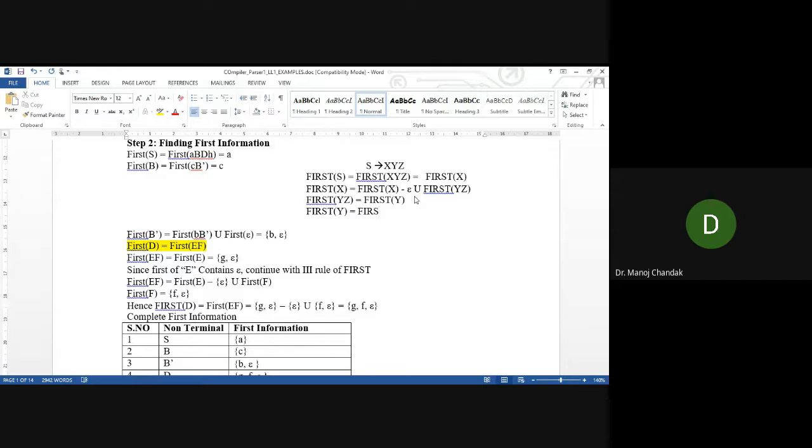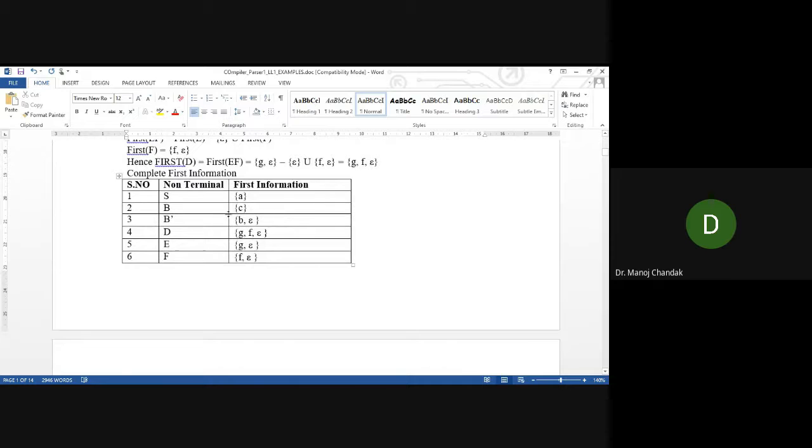You stop when you cannot continue. If the epsilon is still there, you allow that epsilon to remain present in the first set. Sometimes this is permissible, but it has to be supported by certain symbols.